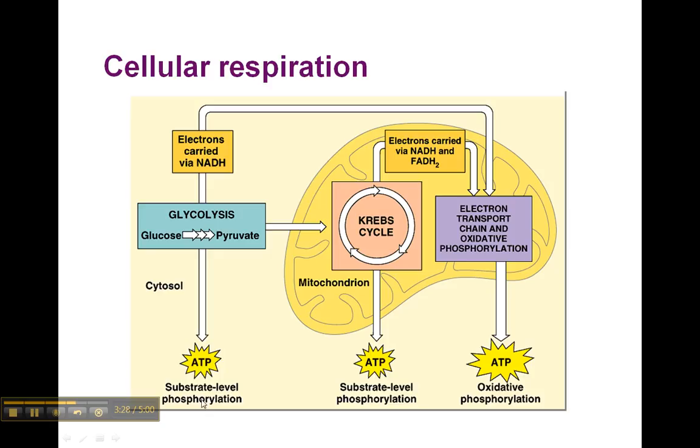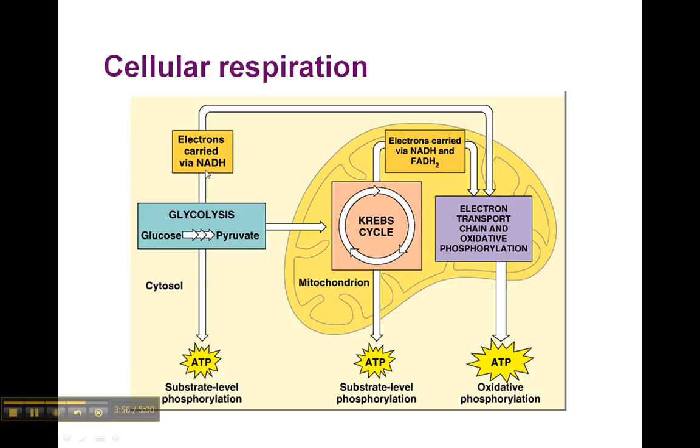Notice here that the ATP is produced by substrate level phosphorylation, as it is also here. If you recall, we talked about what substrate level phosphorylation is: simply that phosphates are added from substrates, intermediates, molecules, to ADP to produce ATP. We'll talk about oxidative phosphorylation a little bit later, but that is another way to make ATP.